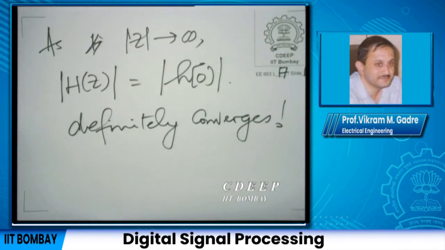Now, this is the if part. What about the only if part? What we have proved here is that if a system is causal, then its system function must converge as mod z tends to infinity.